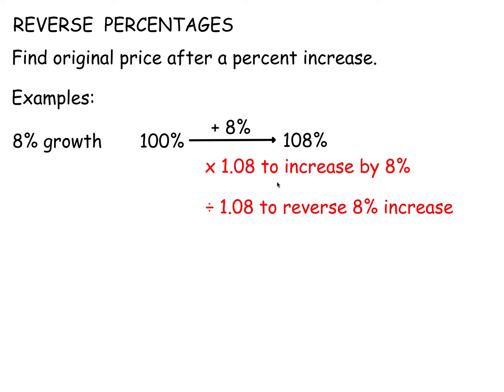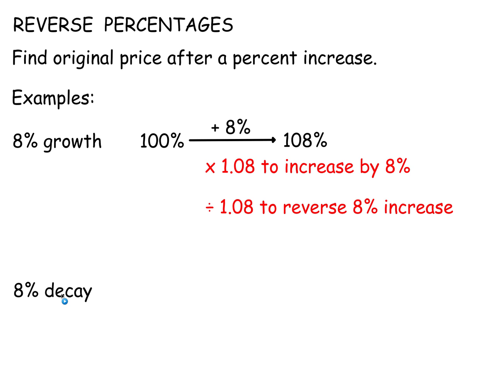Now it's very important you don't find 92% here and use 0.92. There's an initial amount. You increased it by 8% through multiplying by 1.08. To get back the way, you simply divide by 1.08. And you don't use 92% here, 0.92.